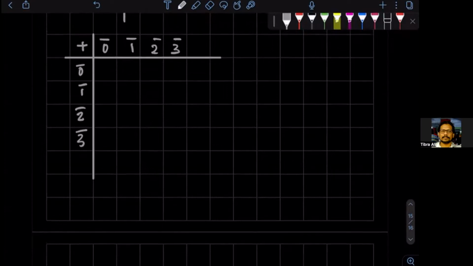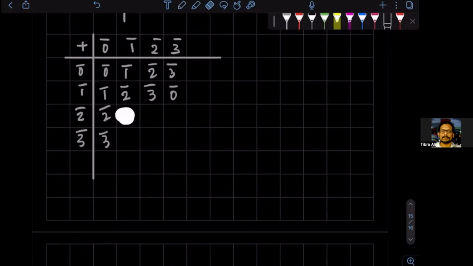And if you do the addition, we have 0, 1, 2, 3, because 0 is the identity element there, right? And then we have 1, 2, 3, 0, 2, 3, 0, 1, and then we have 3, 0, 1, 2.